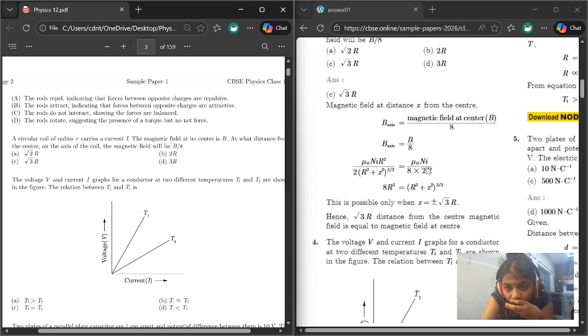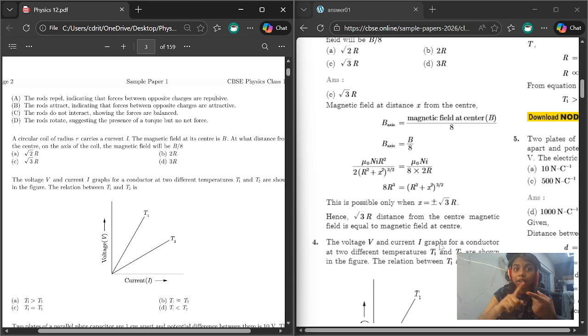The top thing gets cancelled, and this r goes up there and makes it r cube, and this comes over here, so we get r square plus x square, and we find x to be root 3 r. Hence root 3 r is the distance from the center at which the magnetic field is B by 8, where B is the magnetic field at the center.